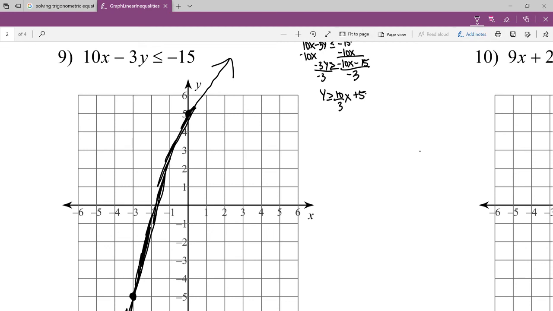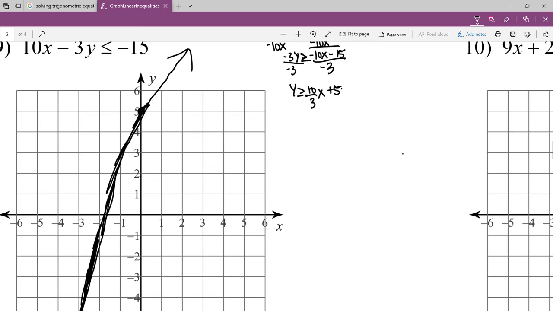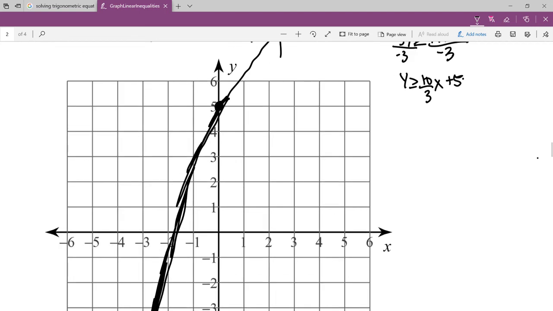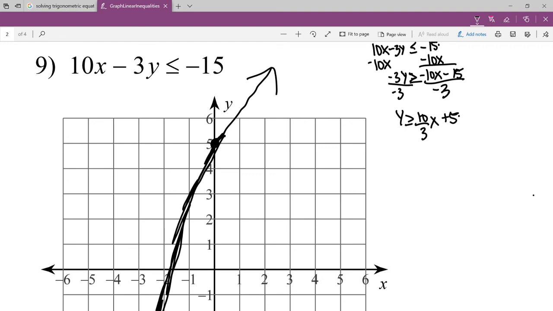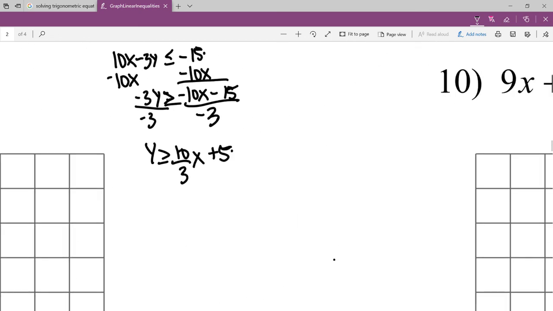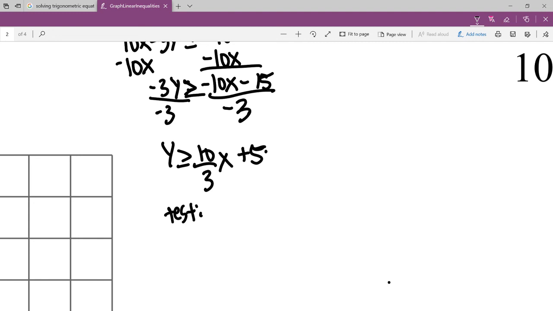Anyways, then you would use test points again. Let's say you use -3, 2. So let's test -3, 2. You say 2 is greater than or equal to 10 over 3 times -3 plus 5.